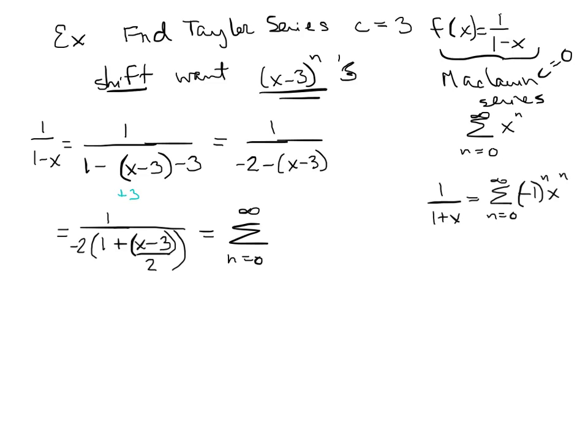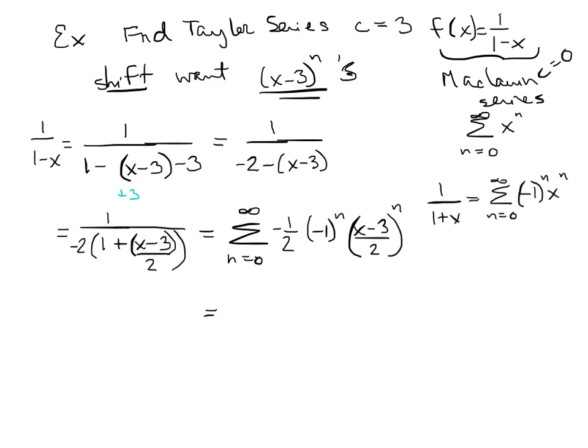I have a negative 2 in a denominator, so essentially that's a negative 1/2. The formula has a negative 1 to the n in it right there. And then I've got an x to the n, but this time I don't have x. I've got x minus 3 over 2. So I'll have x minus 3 over 2, all to the nth.